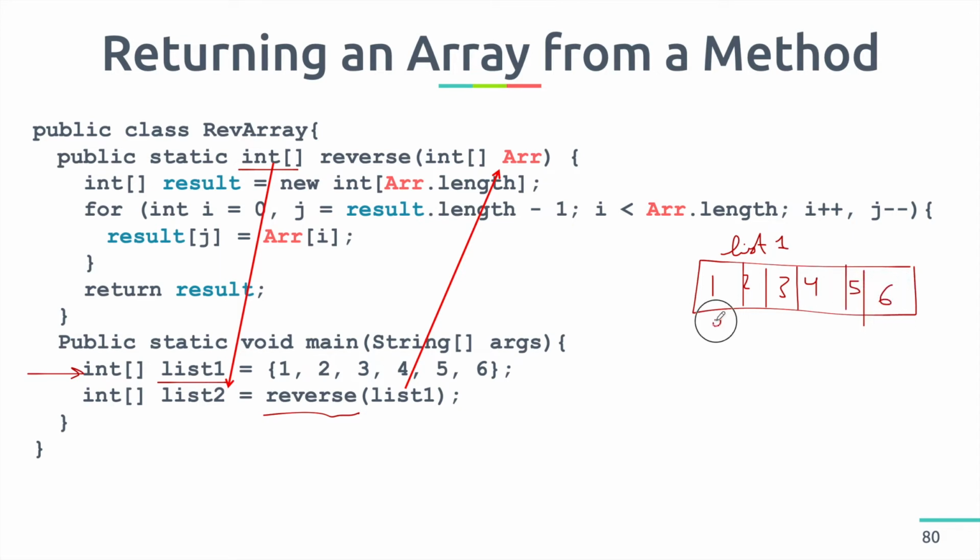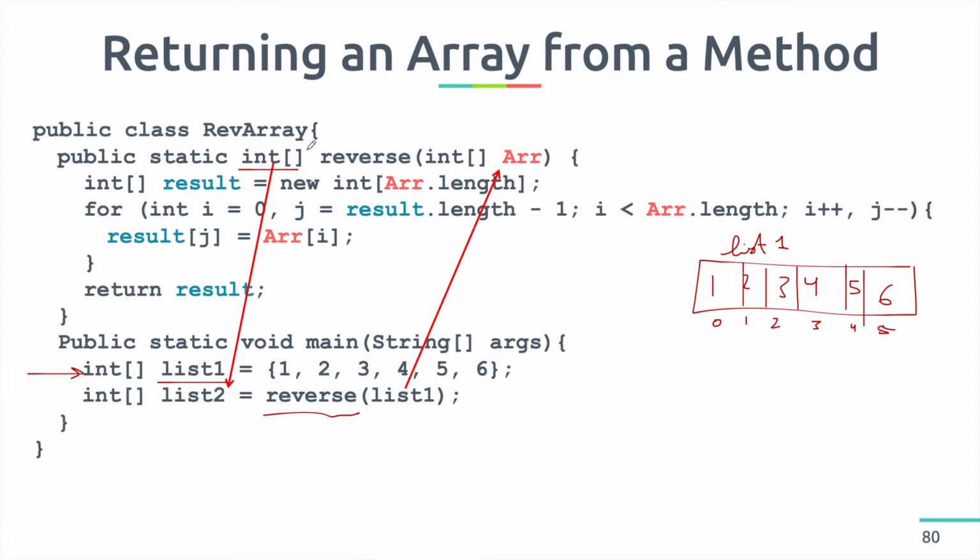And we know the indices are 0, 1, 2, 3, 4, 5. The next statement, we created an array, which is list 2, and the content of list 2 comes from the reverse method, which has list 1 as its argument.